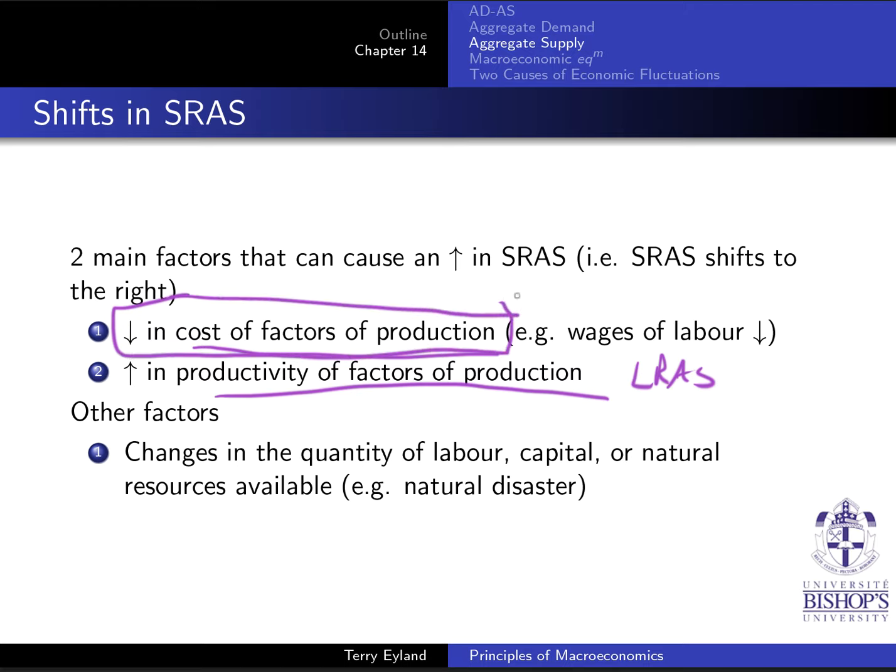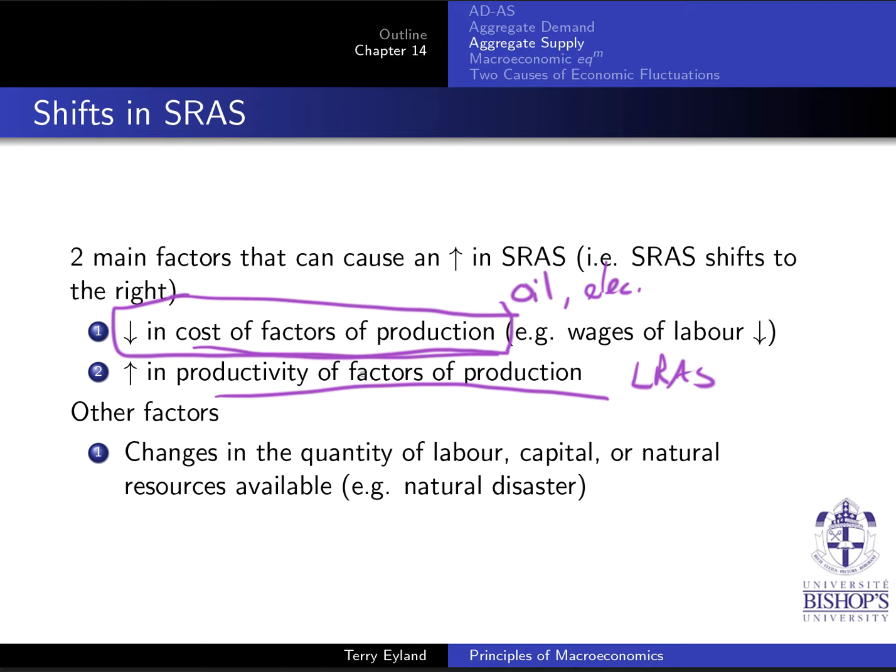These costs of production could be changes in the price of oil, the price of electricity, or just about any factor of production, the good itself that you're using. Other factors are changes in the quantity of labor, capital, natural resources. Similar idea: if there's a natural disaster and half the crops disappear, naturally there's going to be less wine available or less of another product.